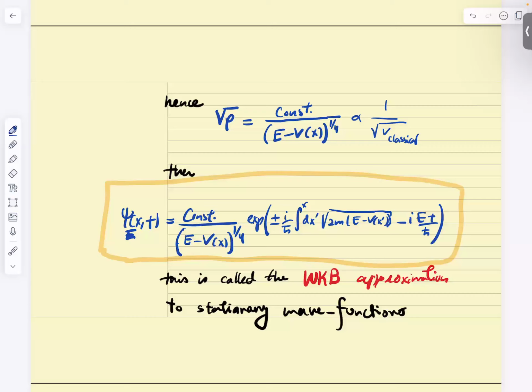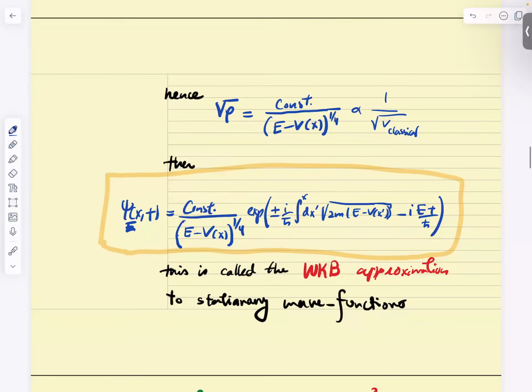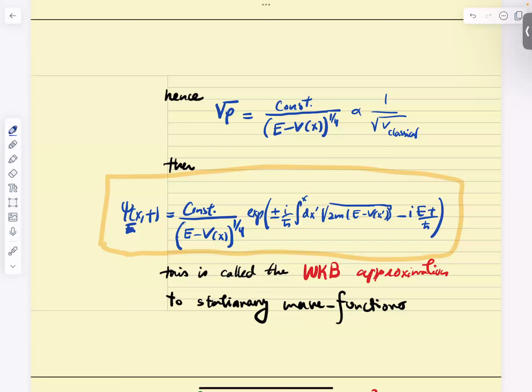So just take the exponential of i over h bar, put the rest in parentheses. That's p x minus E t, which is p x minus p squared over 2m t, because V is 0 and E is p squared over 2m. And there's no x dependence, the integral gives you an x. The other solution that you know is the only other thing we solved for.